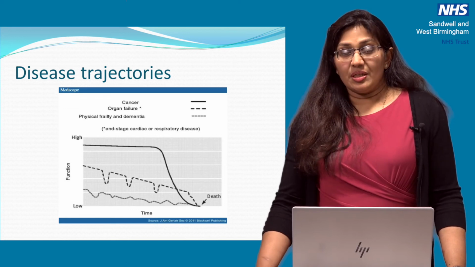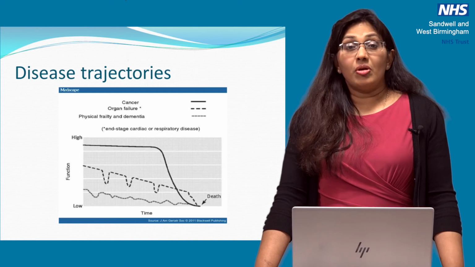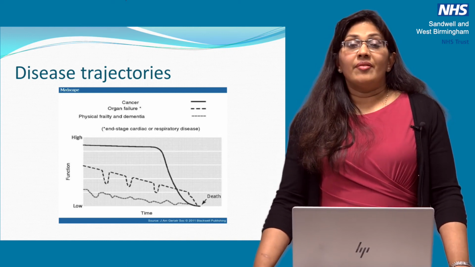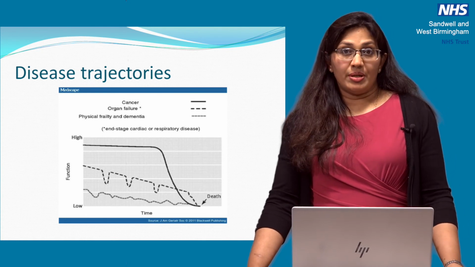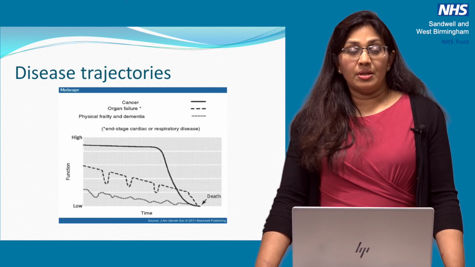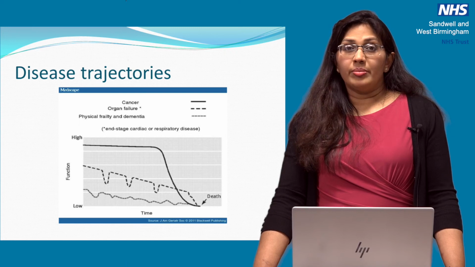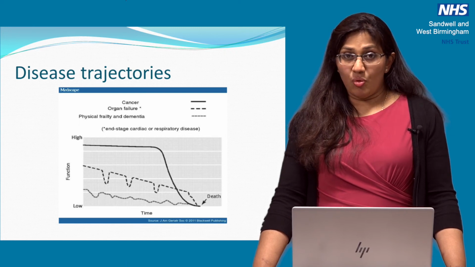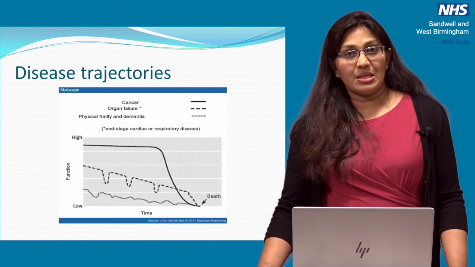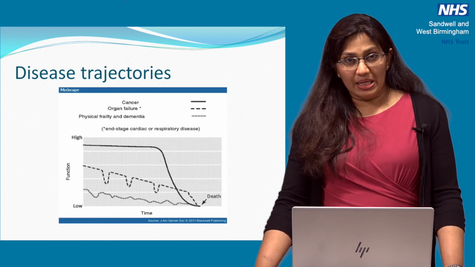So for instance, we know that when a person has cancer, as long as they're on treatment, well enough to have treatment, they have a decent chance of survival for a certain period of time. Once their cancer treatment has been stopped, either because of their own choice or because they're too poorly to have it anymore, we know that once that treatment is stopped, their deterioration is likely to be a lot more rapid, so that decline will happen fairly quickly.